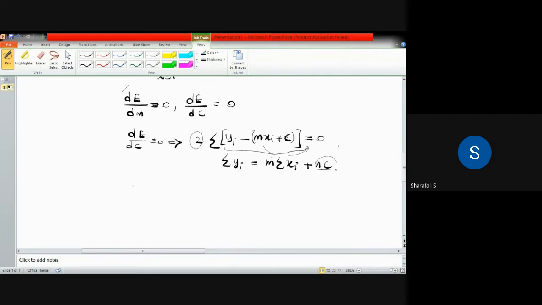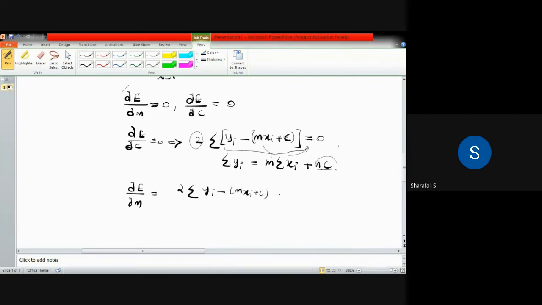Similarly, if you consider dou E by dou c, dou E by dou m, because it is dependent on both those values, we have to consider the partial differential equation. So dou E by dou m, what will that be? It will be equal to 2 times sigma yi minus mxi plus c.